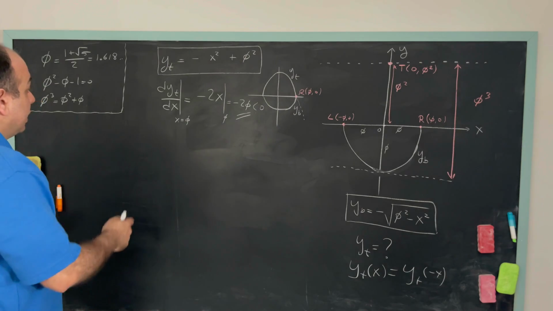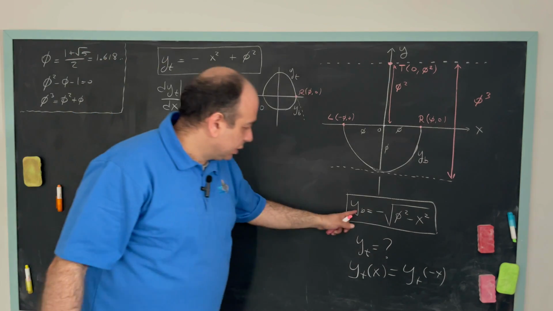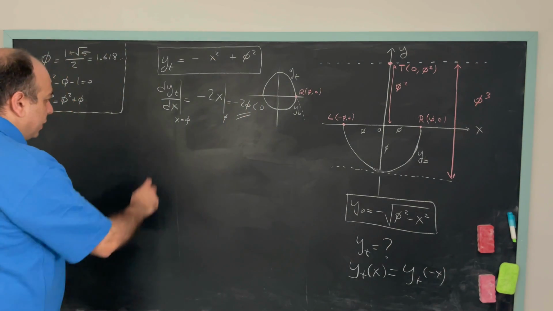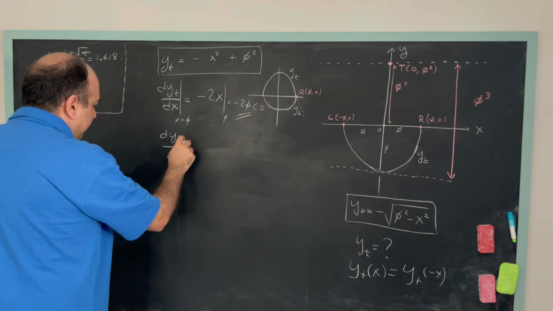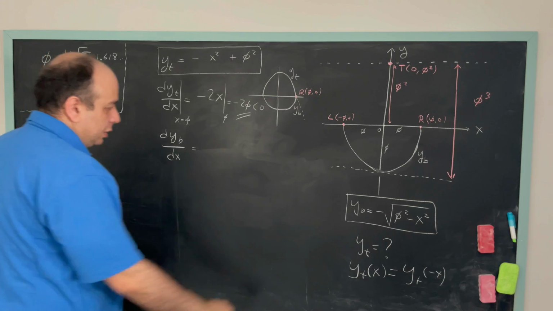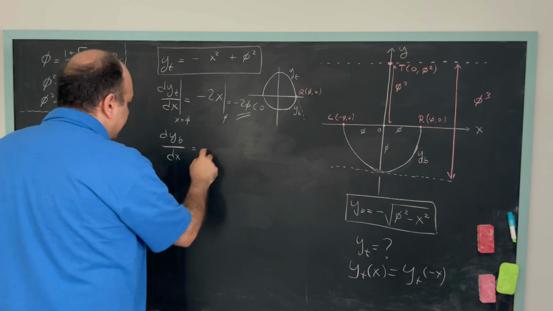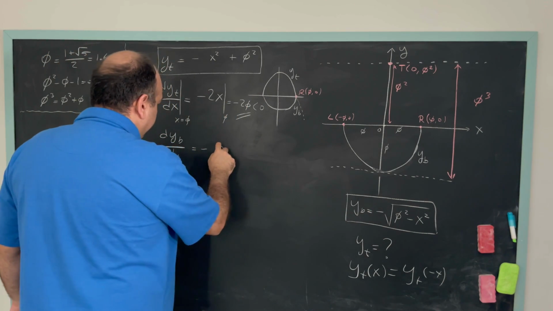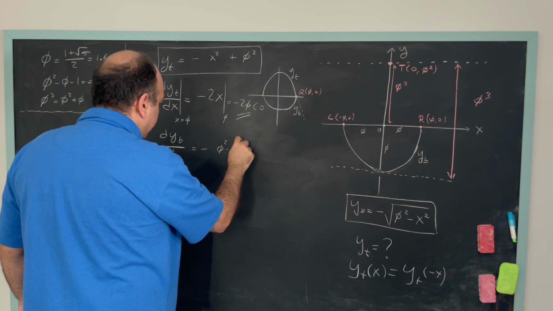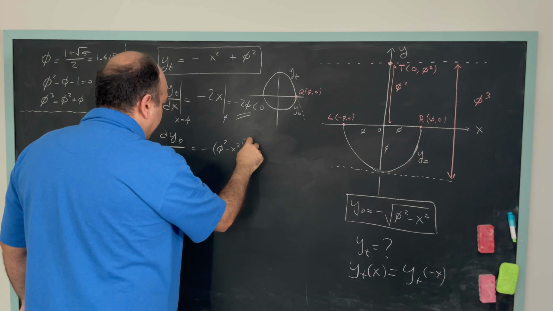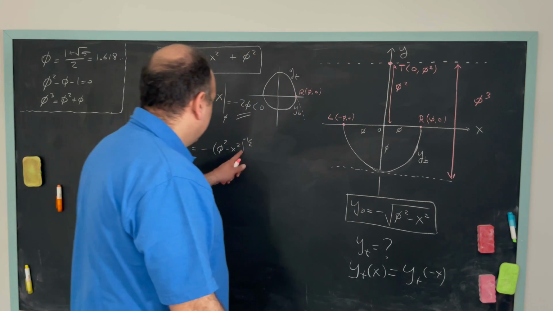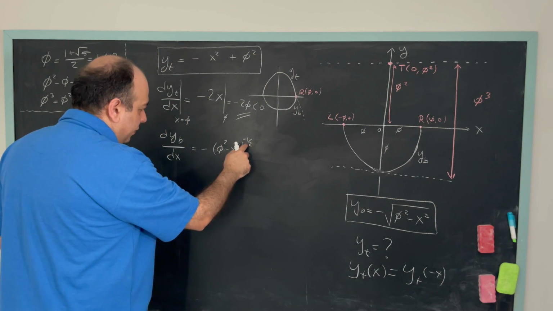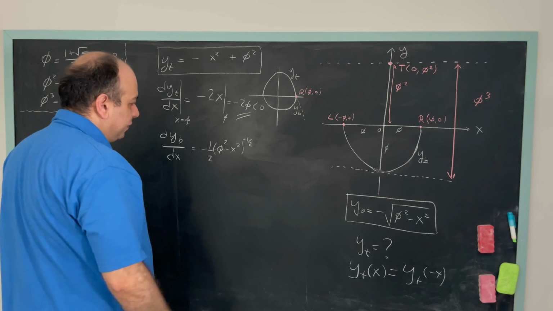Okay, this is nice. So if I look at the bottom function, so what is dy_b over dx? Okay. So there is a minus sign here, so minus, then I'll have phi squared minus x squared to the power minus 1/2. Okay, this is to the power 1/2. So this becomes minus 1/2, and I put another 1/2 here.